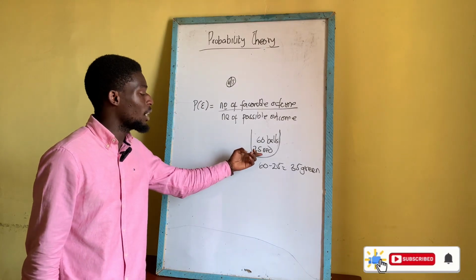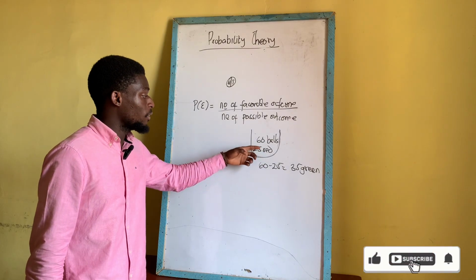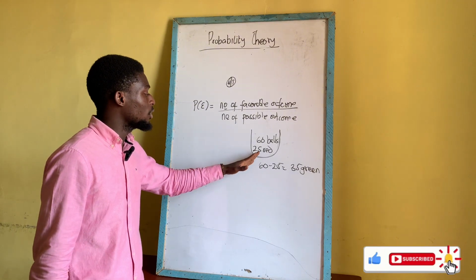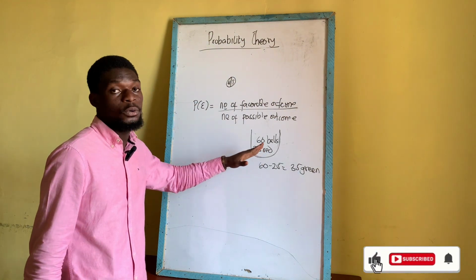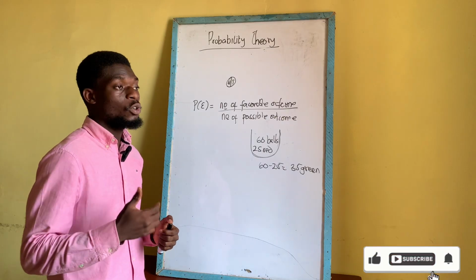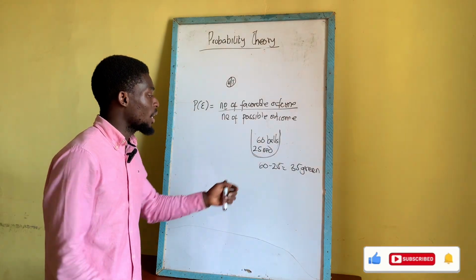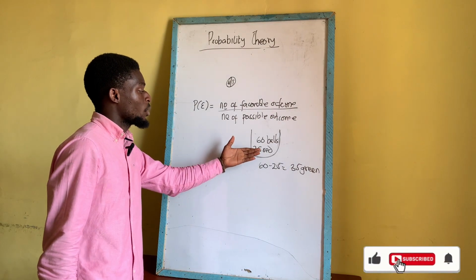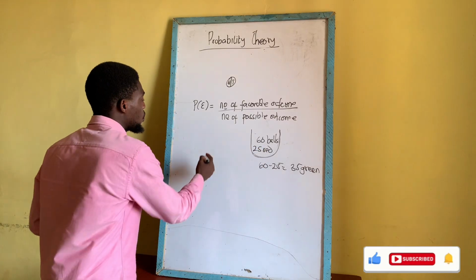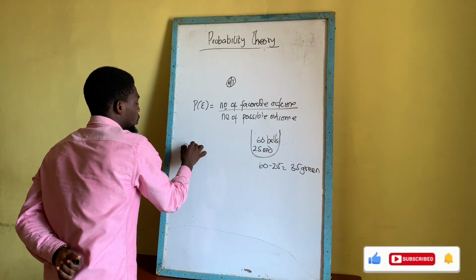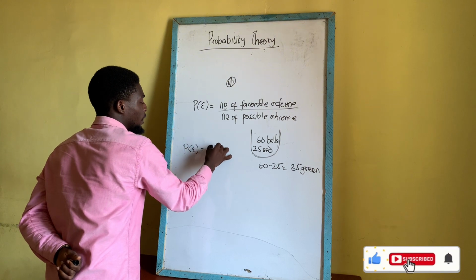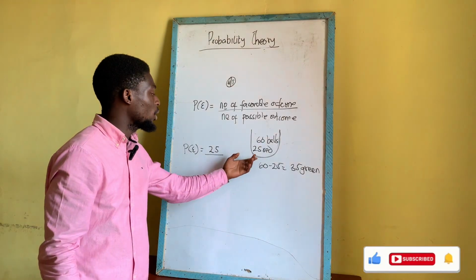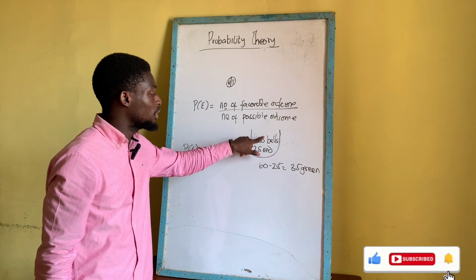We are interested in getting a red ball, which is 25, out of the total number of possible outcomes, which is 60 balls in the beaker.